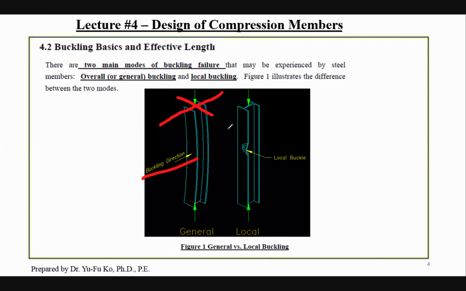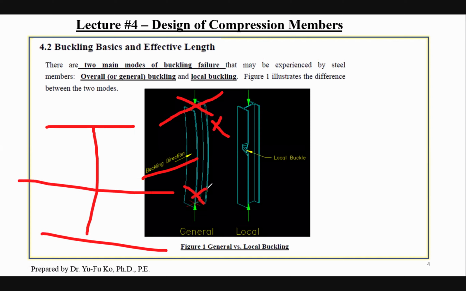Okay, and this is the strong axis on the I shape. This is the strong axis, and this is the weak axis. So Y is the weak axis. The buckling direction depends on the orientation of your column member when it buckles.